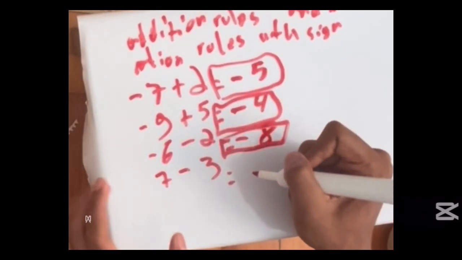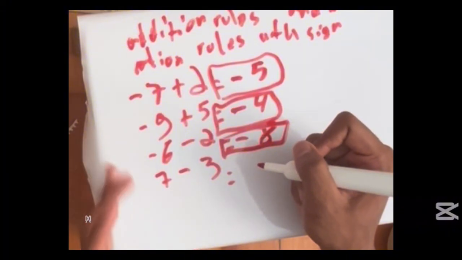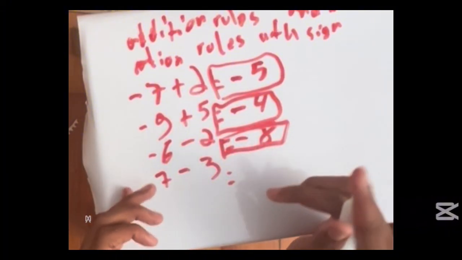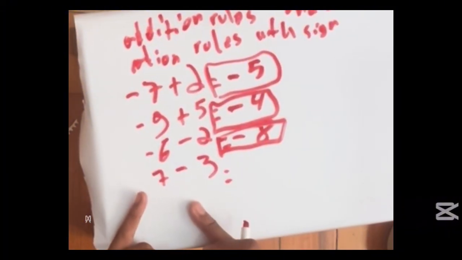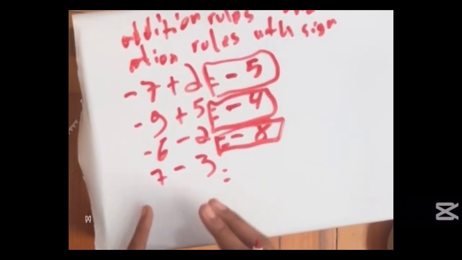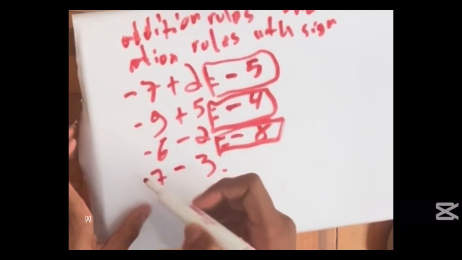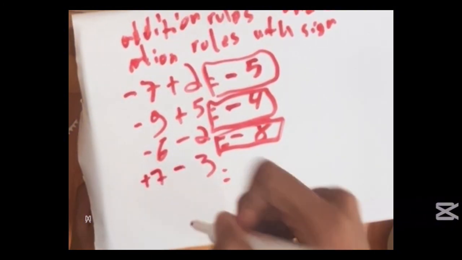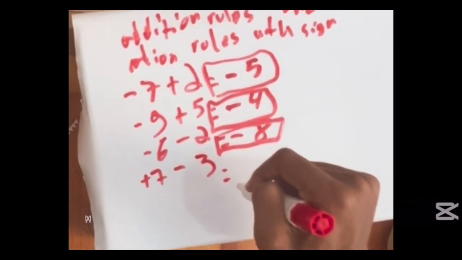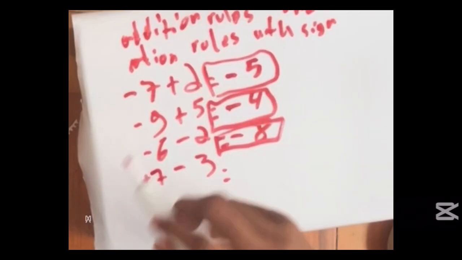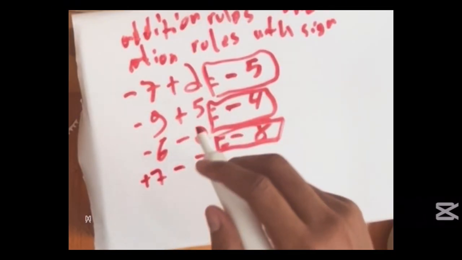Perfect. And this same deal, we said when we're adding two numbers with different signs, we're gonna keep the sign of the biggest, which is in this case the sign of 7, which is positive, right? And we're gonna just subtract them. So it's gonna be 7 minus 3, so it's gonna be 4.